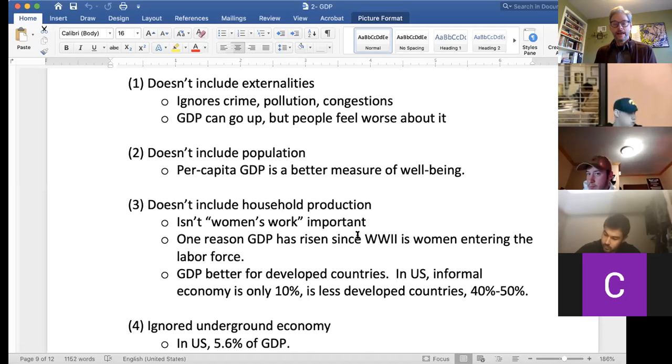So in everyday life, there are millions of externalities that are created that GDP simply ignores, right? For instance, I have some negative externalities here, such as crime or pollution or congestion, right? Pollution is a classic example of a negative externality, in that if you build a hog farm and your hogs poop in the river and it goes downstream, what do you care, right?